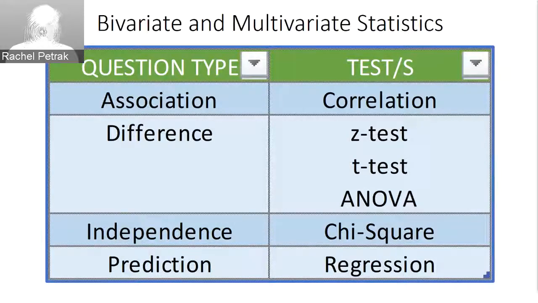And as you can see, these other tests, like a chi-square, it doesn't offer prediction as an option. They are mutually exclusive categories. This is a useful way to start thinking about the different procedures that we encounter.